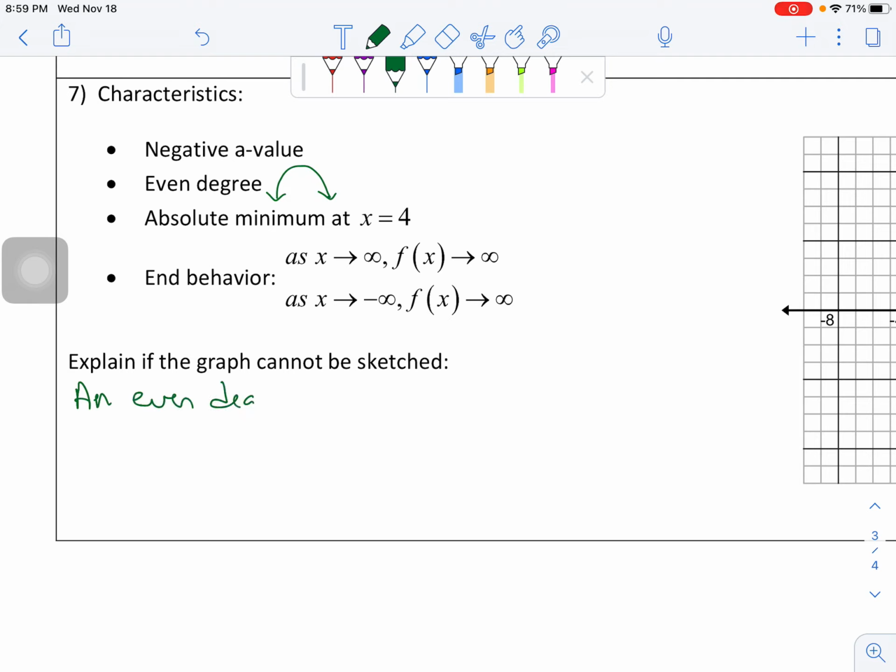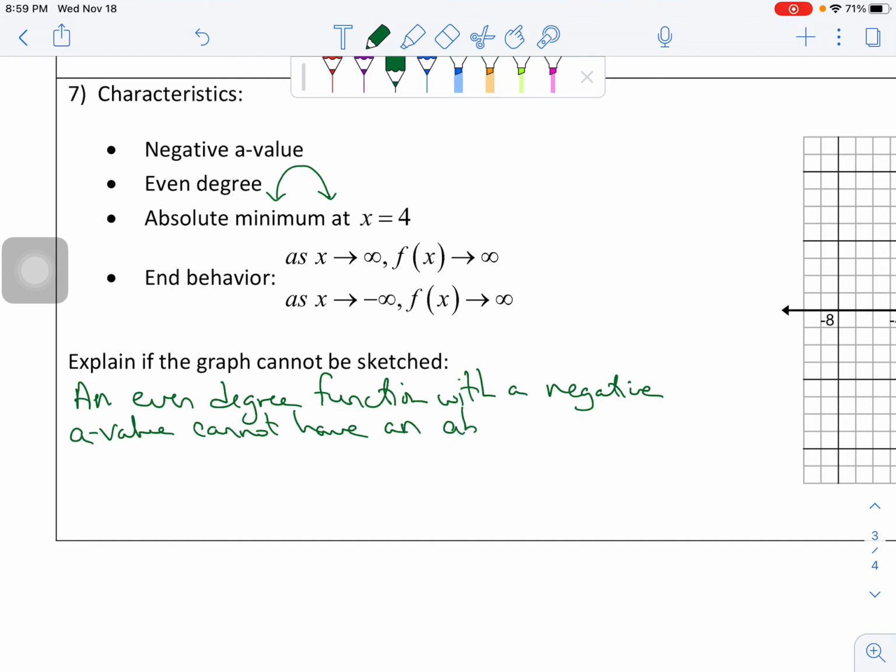So let's see if I can explain this well. An even degree function with a negative a value, these two have to go together here, cannot have an absolute minimum.